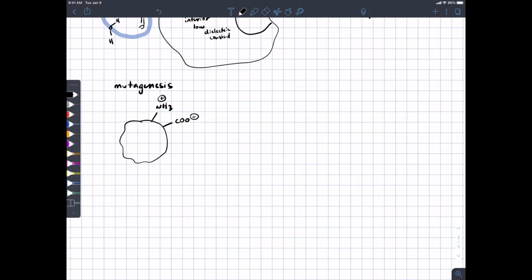matters. What we can do, this is the amino acid lysine, let's say this is the amino acid glutamate. What we can do is replace lysine with the amino acid alanine. And that amino acid alanine is much shorter and has just a methyl group, no charge, right?